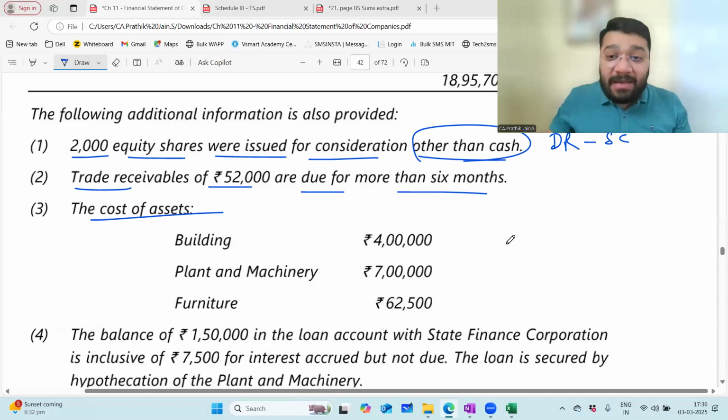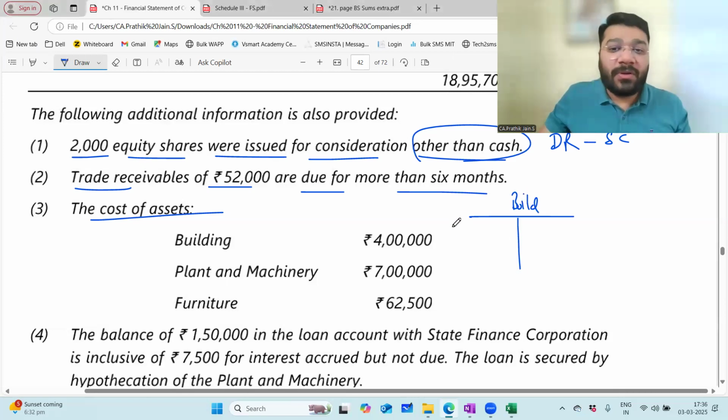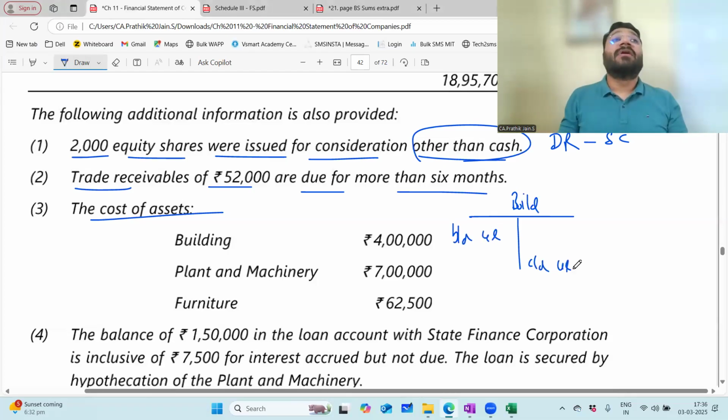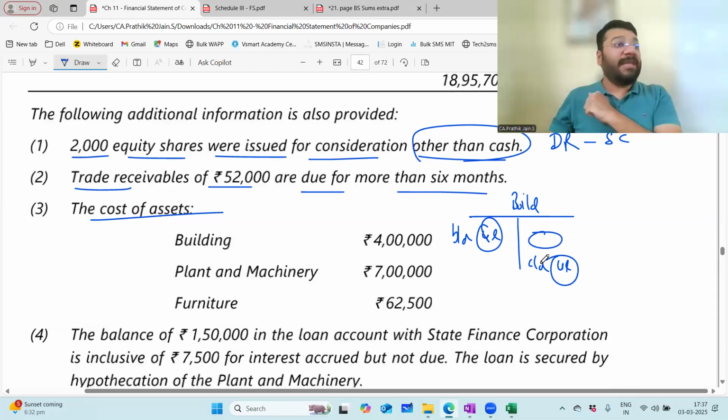Whenever you create an asset account, let's say building account, you purchased this building 4 years ago, so balance brought forward is 4 lakh. Here the closing balance also will be 4 lakh. Why? Because in the PFD method, you record the depreciation in the PFD account. So depreciation is not recorded here. Hence, the opening and closing balance is always at cost in PFD method.